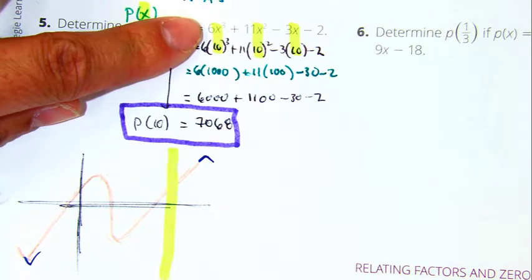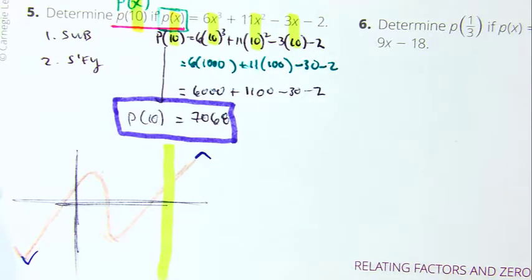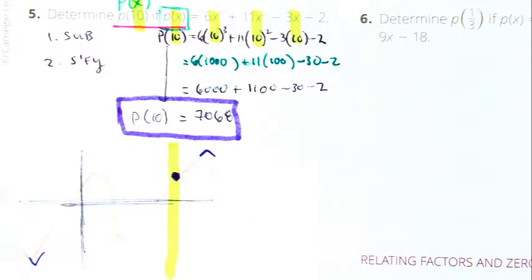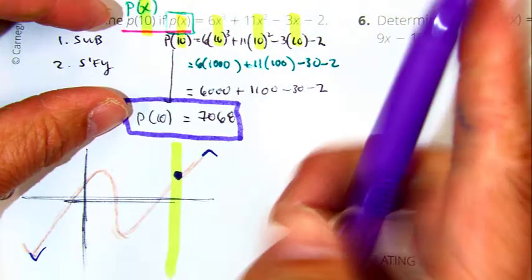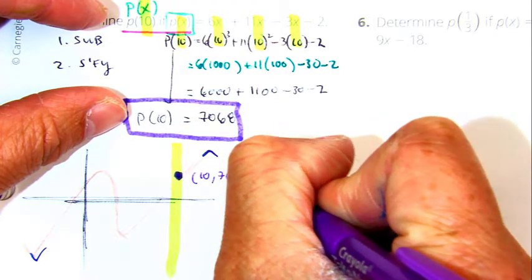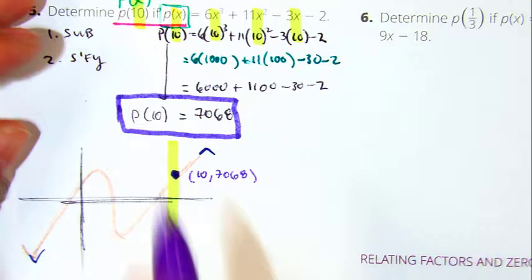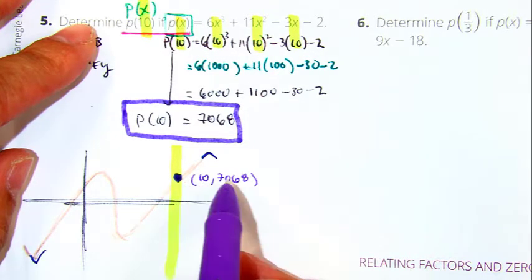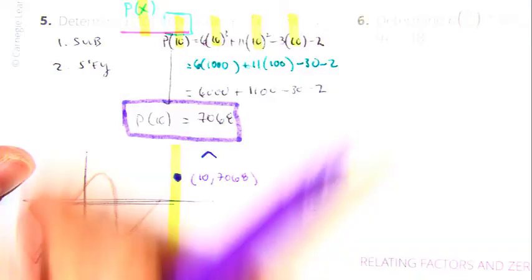The number in front is positive, so we're going to keep it. And purple box, purple point. What does that mean? This means that the ordered pair is 10, 7,068. If I put in my graph at 10, it will intersect at 7,068. So this is a visual of what we've been doing.